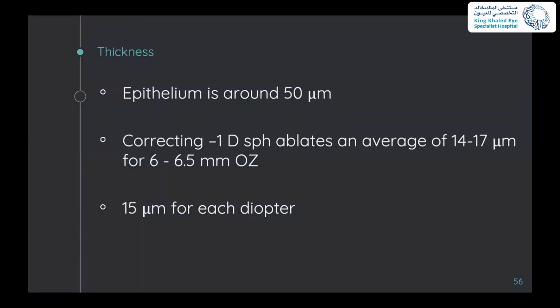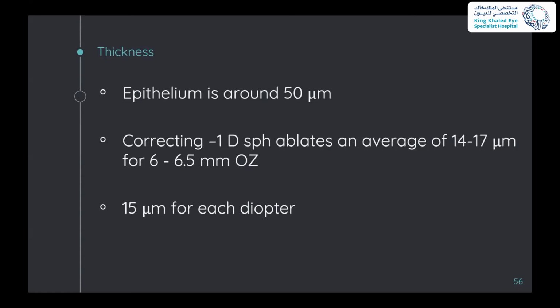In calculating for any patient, if you're checking the thickness, the epithelium is more or less around 50 microns. If you are in doubt, you can get an epithelial map, which would give you an idea, and it is very precise with the new OCT machines.